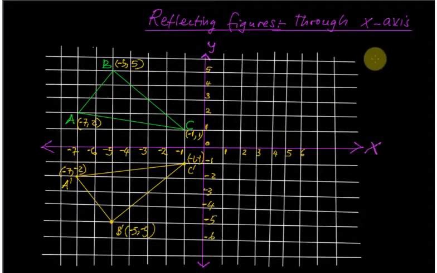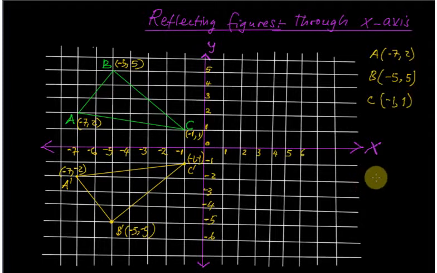So if we write here, A is given by -7 comma 2. B is given by -5 comma 5, and C is given by -1 comma 1.